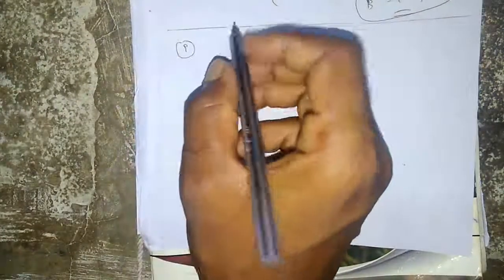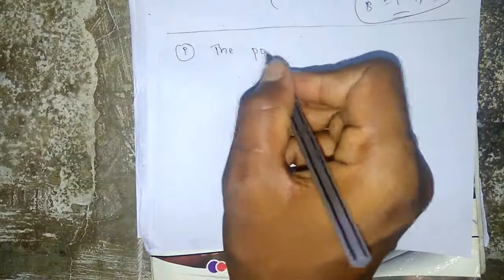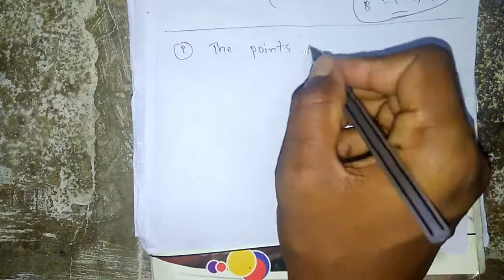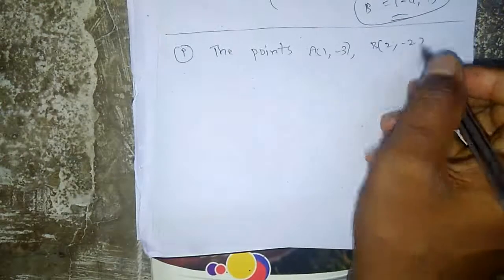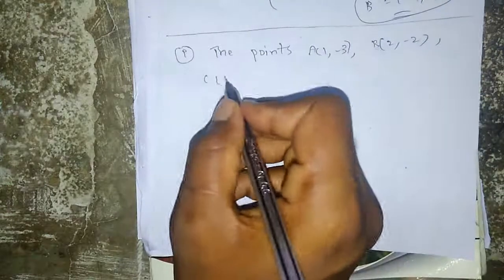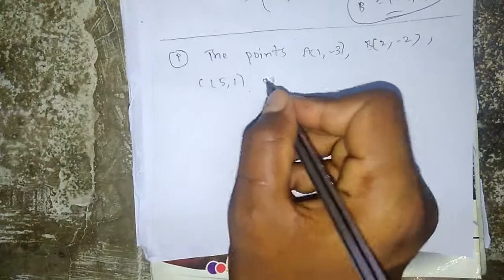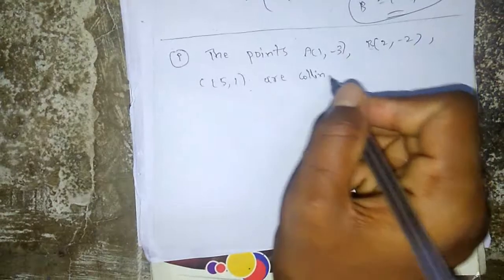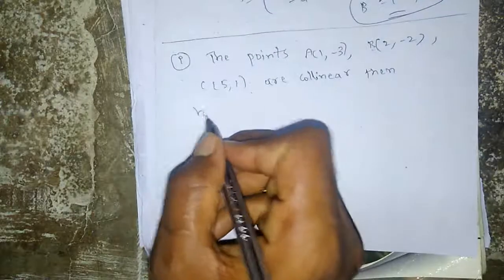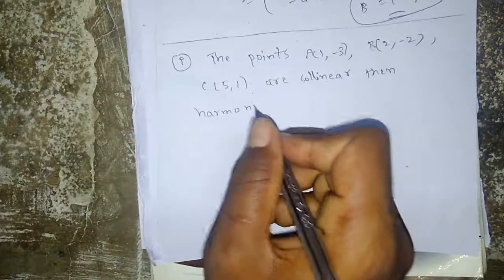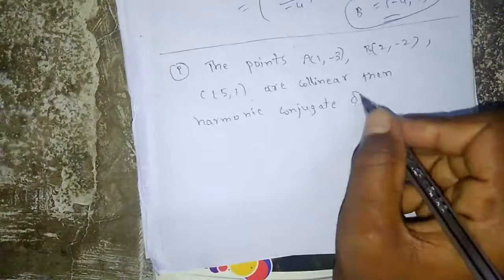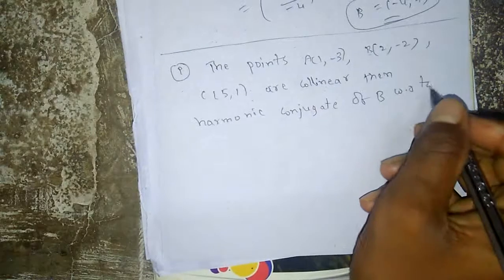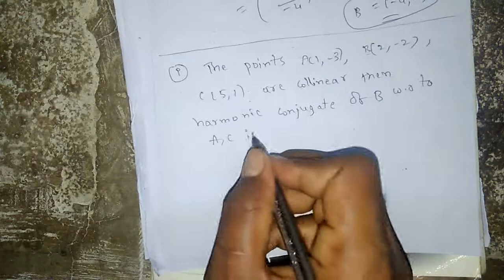Next problem: the points A(1, minus 3), B(2, minus 2), C(5, 1) are collinear. Then the harmonic conjugate of B with respect to A comma C is?